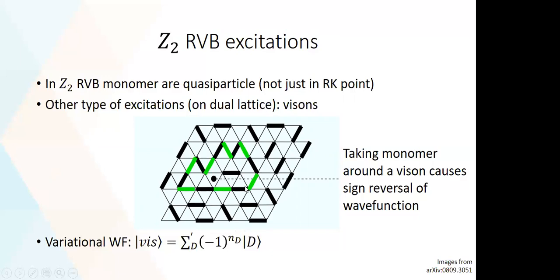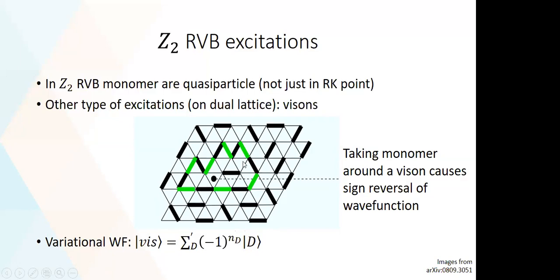I see. So this is in the transition graph. You want to define the excitation according to the transition graph of the configuration with some other configuration, and you want to give a complex weight to the transition graph. I don't quite compare the configurations themselves, because I need the whole superposition of dimer graphs with the correct signs to get the vison. Just looking at one dimer configuration won't give me this sign reversal.